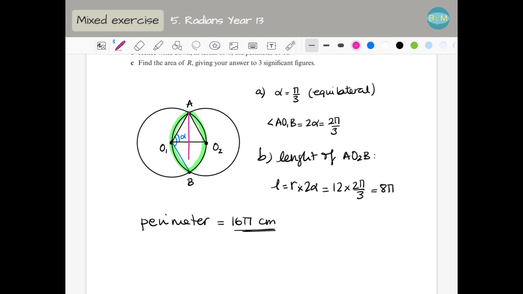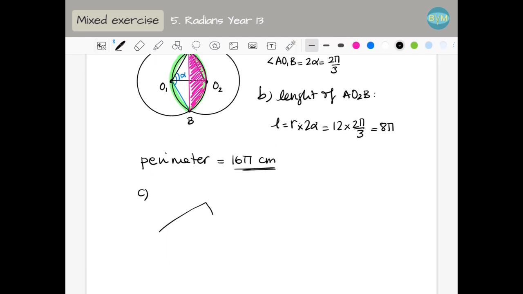If we split this in 2, it's going to be easier, because this area here is exactly half of what we have to find. We are going to find the area of R as twice this pink area, and this pink area is a segment for this circle. We're going to find the area of the segment by finding the area of the sector minus the area of this triangle.